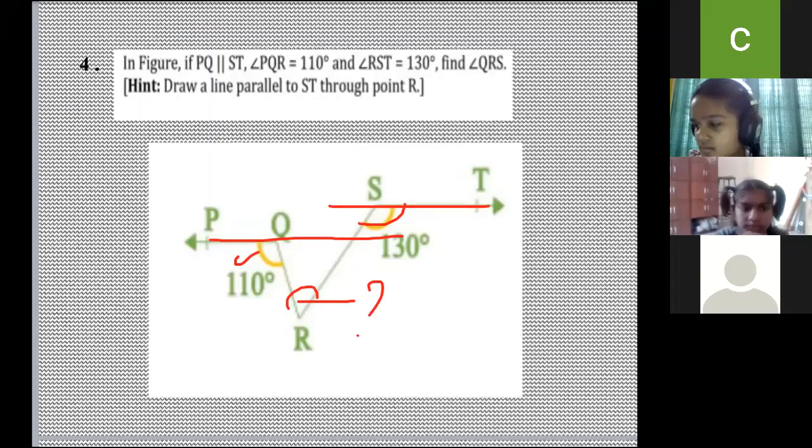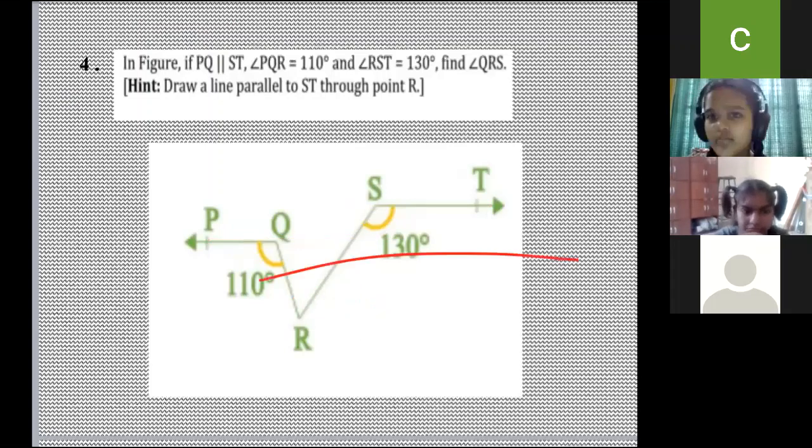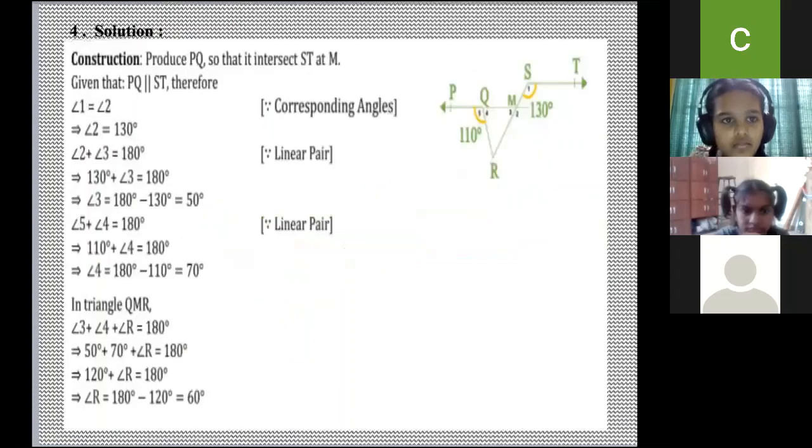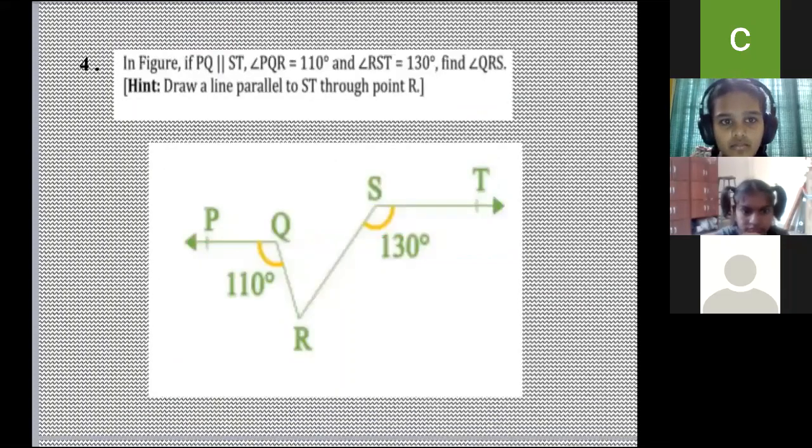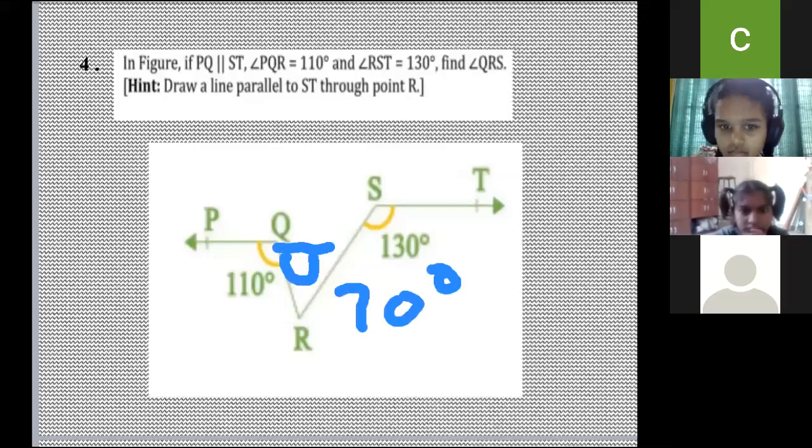Can anyone help me in solving this problem, children? How to solve this? Any hint? A hint is given. Very good. But first we need to draw a line. Let us extend this.